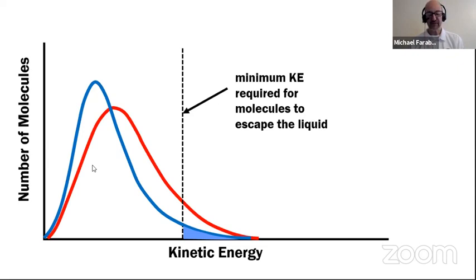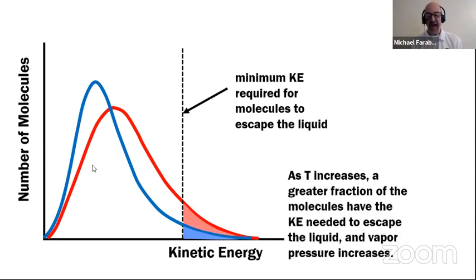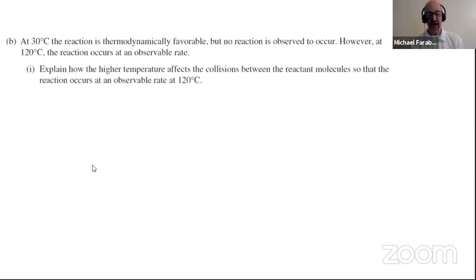And so that curve shifts, and now a greater fraction of the molecules have the kinetic energy needed to escape. So instead of talking about kinetic energy needed to escape the liquid in a physical phase change, think of it as a chemical reaction. A greater fraction of the molecules will have the required activation energy when they collide.